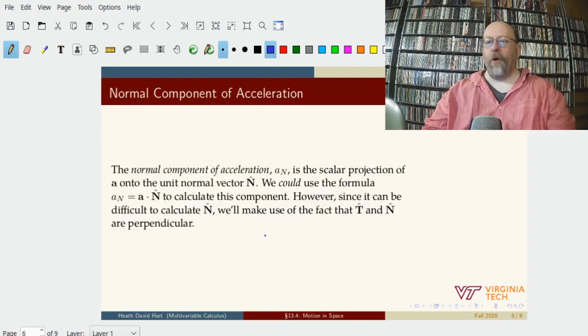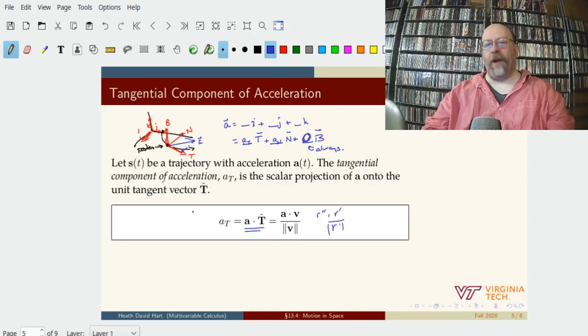The normal component of acceleration, we could also use the same formula, a dot the unit normal vector, to calculate this component. But one of the things we mentioned last time is that sometimes it's difficult to calculate the normal vector. And so we're going to have this other trick, is that we're going to use the fact that T and N are perpendicular to each other, that this is a right angle, and therefore we can use the Pythagorean theorem.